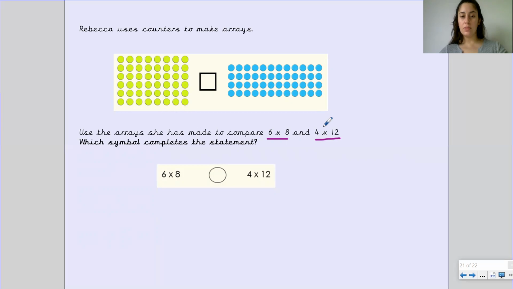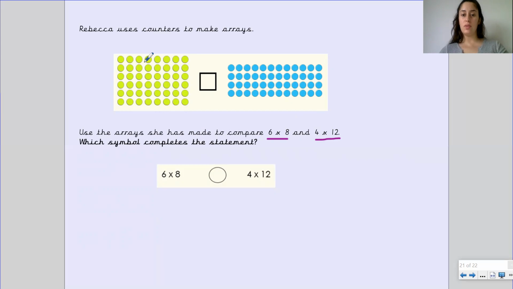So 4 times 12. Now, I want you to pause the video and have a go at completing 6 times 8 and 4 times 12 using whatever method you would prefer, and play the video when you're ready. Okay, so I know my 8 times table, so I didn't really need to count this, but if you need to count, that's absolutely fine.